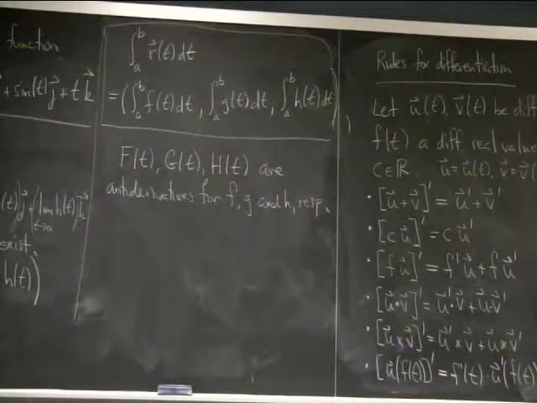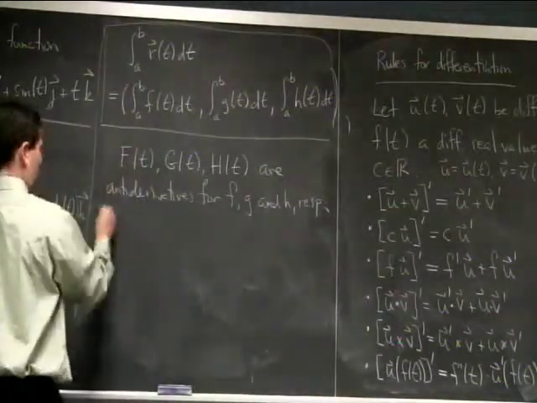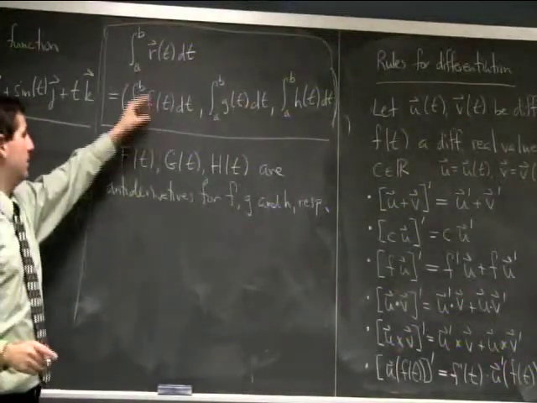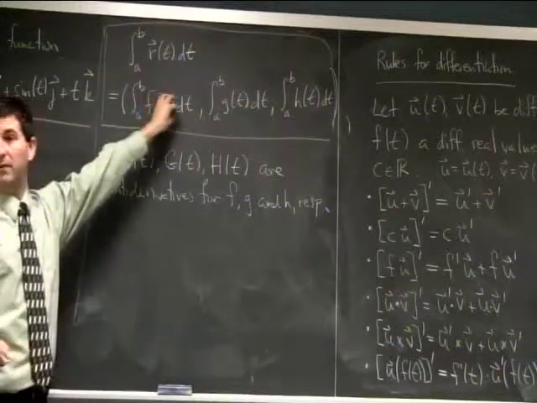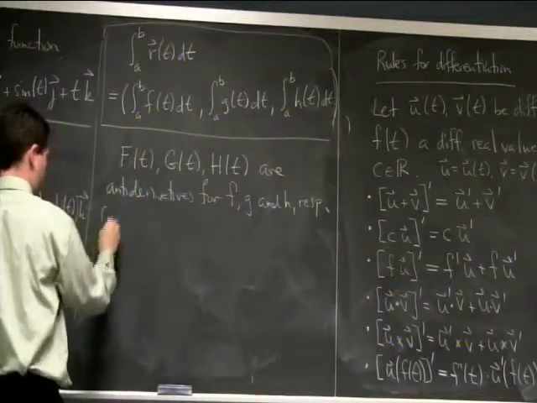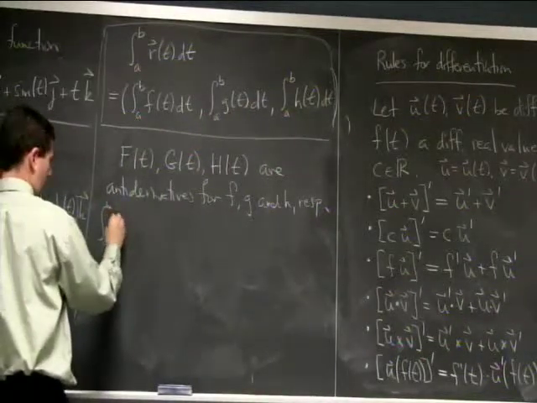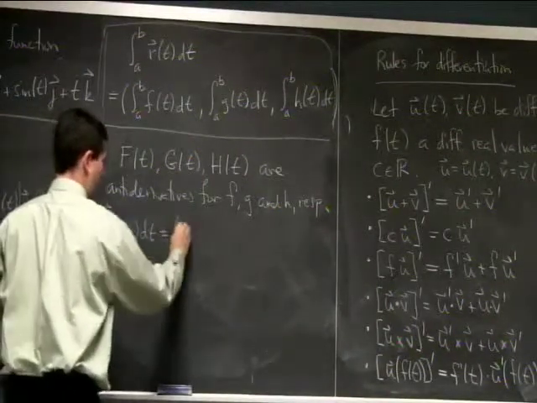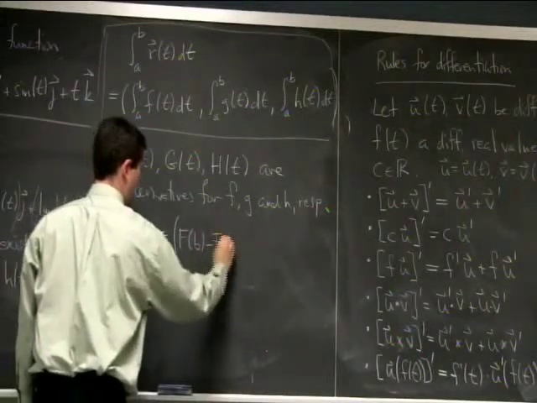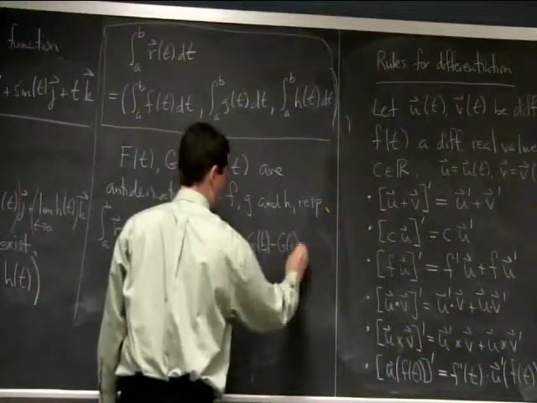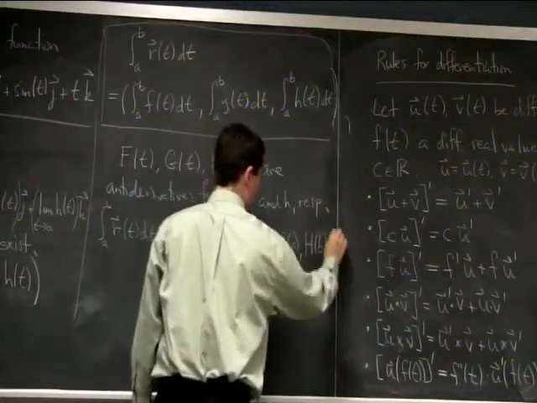Okay, so if they are antiderivatives, then we can use the fundamental theorem of calculus to write this as big F of b minus big F of a, and so forth for the others. So the integral from a to b of r of t dt equals big F of b minus big F of a, comma, big G of b minus big G of a, comma, big H of b minus big H of a.